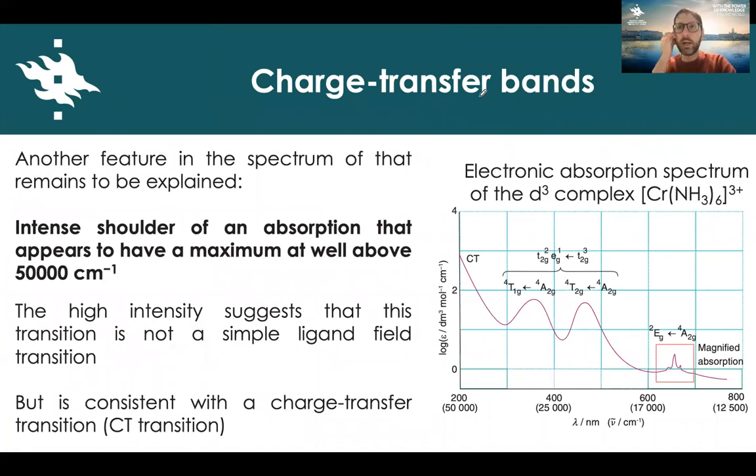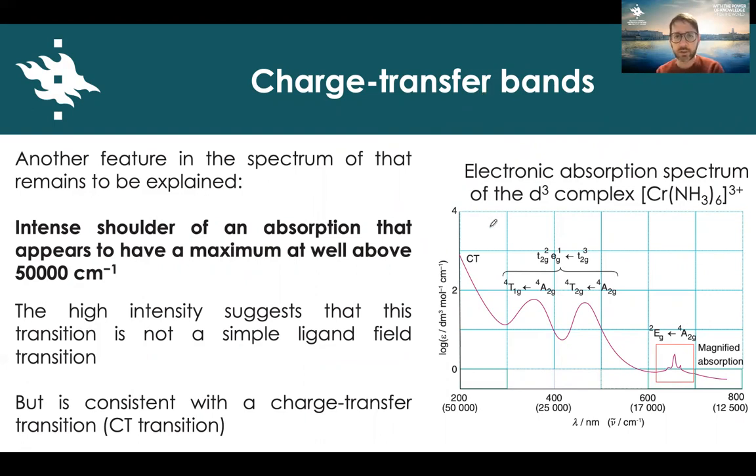Okay, we are not going to enter into details of these Tanabe-Sugano diagrams because it's beyond the scope of this course, but you can feel free to read about how to use the Tanabe-Sugano diagrams to interpret the electronic spectra of complexes.